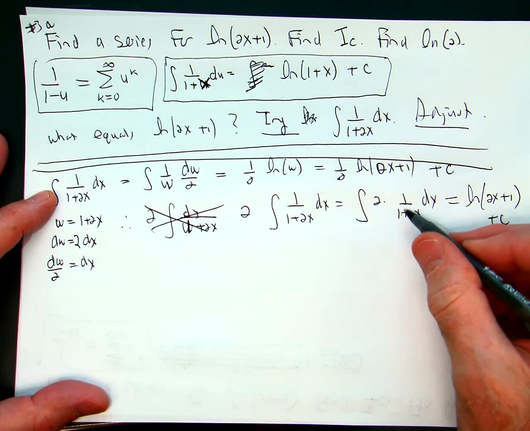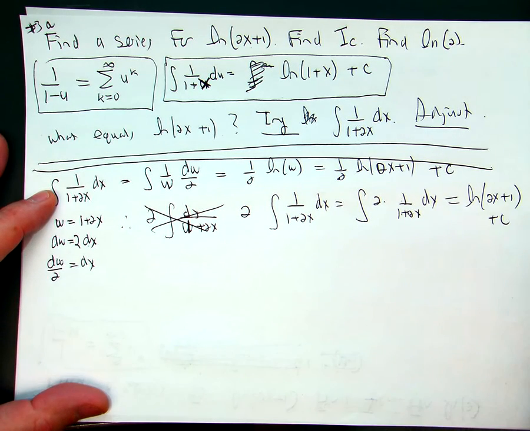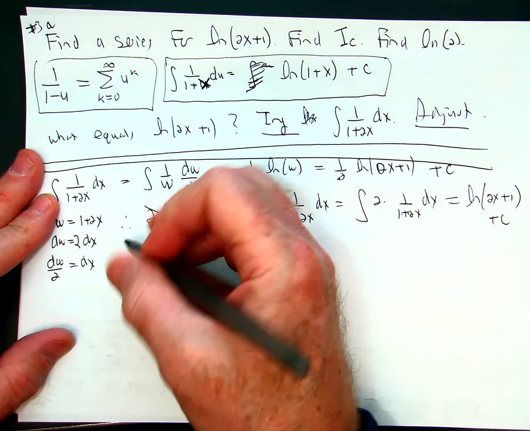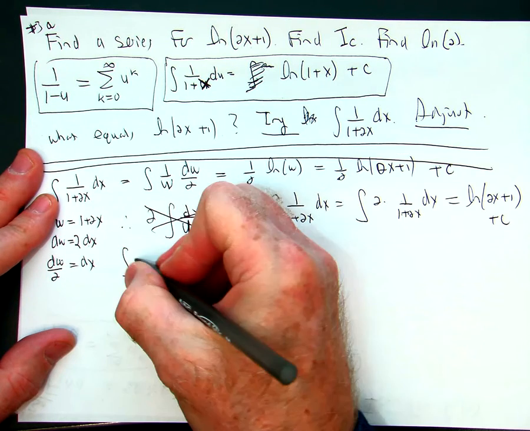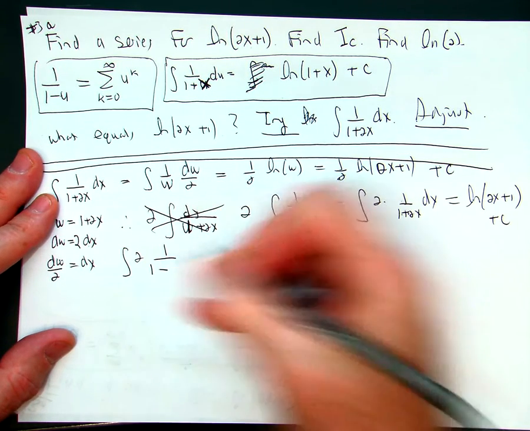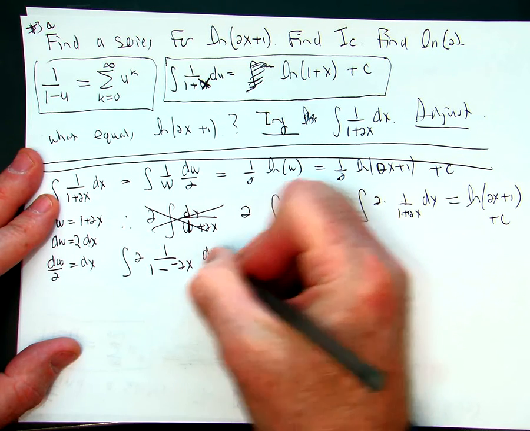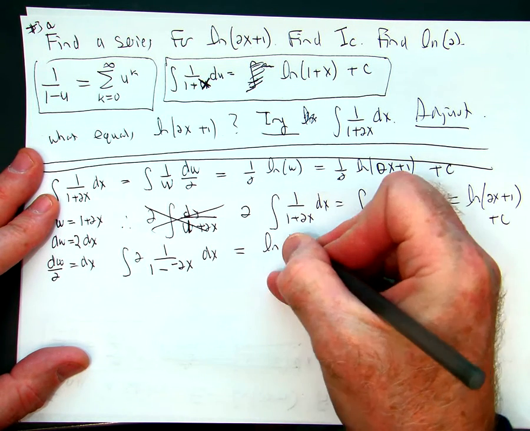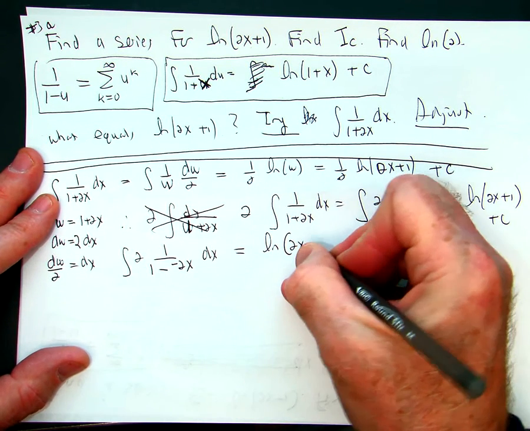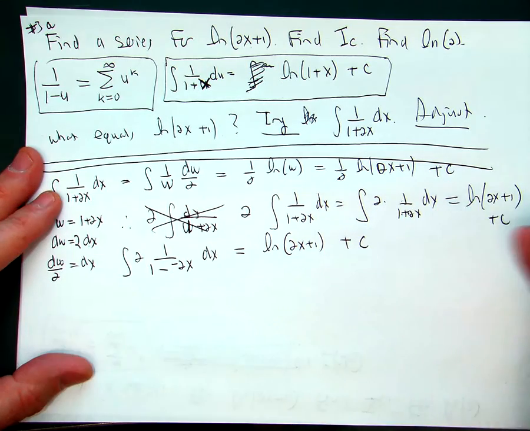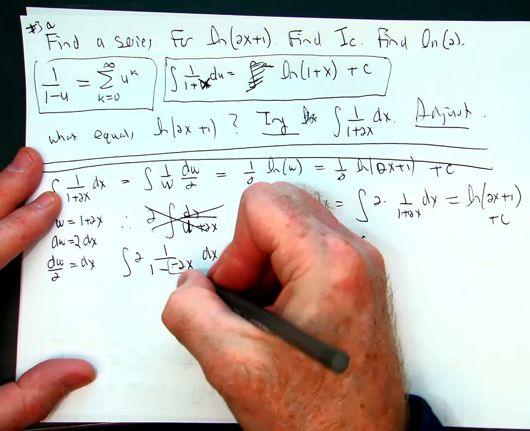So then I need to turn this into a series and multiply it by 2 to get my integral. So I'm going to get, okay, the integral of 2 times 1 over 1 minus u. So I'm going to get a minus 2x here. dx is equal to the natural log of 2x plus 1 plus c. So I'm going to have to integrate this.